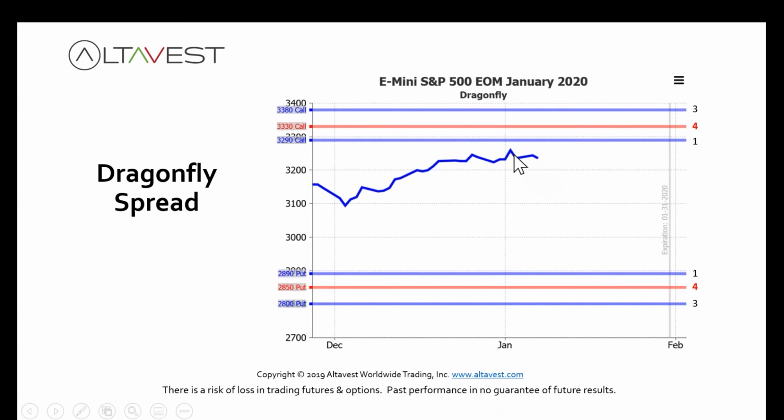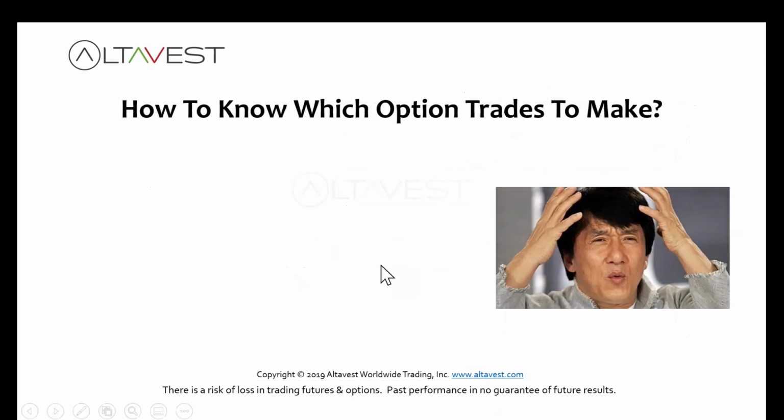On the other hand, if the market's kind of flat or sideways, it's going to lose value slower because it's closer to the money. The theta decay just won't be as great. So it creates a completely different risk and reward profile. And I'm going to show you that in some examples here and compare the two. So this is a variation on a condor, and I think you're going to like it a lot when I show you. But here's the question people ask, so we're going to answer it.